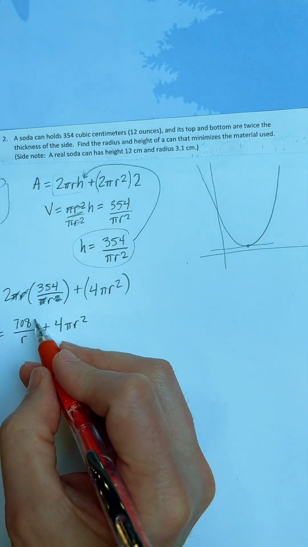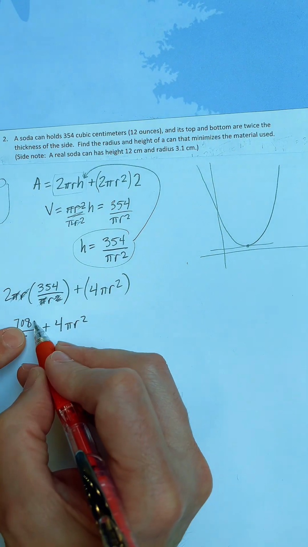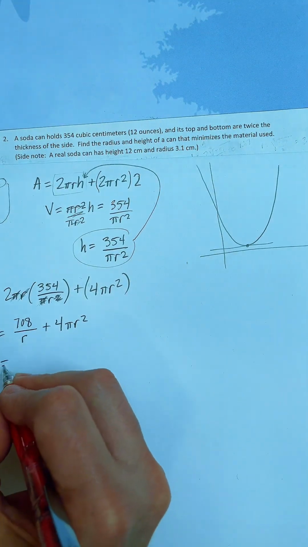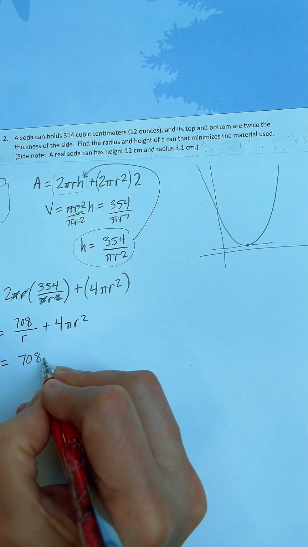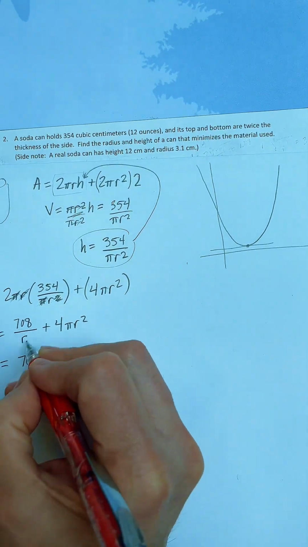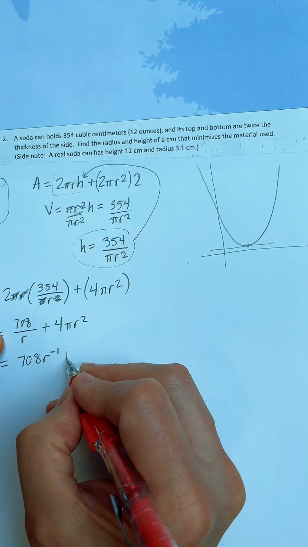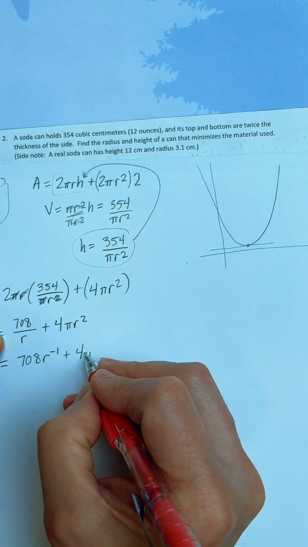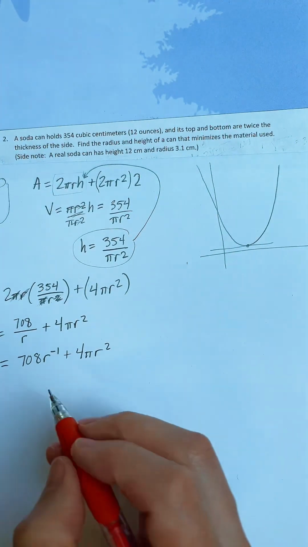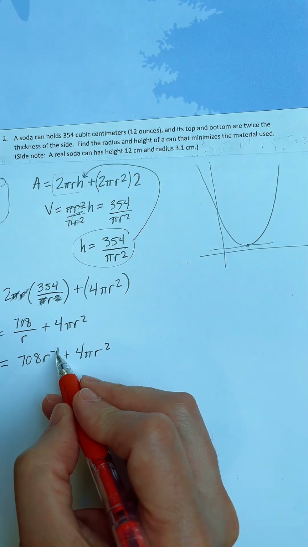And we're about to do the derivative, so I'm going to move this r up. I'm just going to rewrite it so that it's 708 r to the -1, because as you know, when you change levels, the exponent turns negative. So now we have this, and we're ready to differentiate. We're ready to do the derivative.